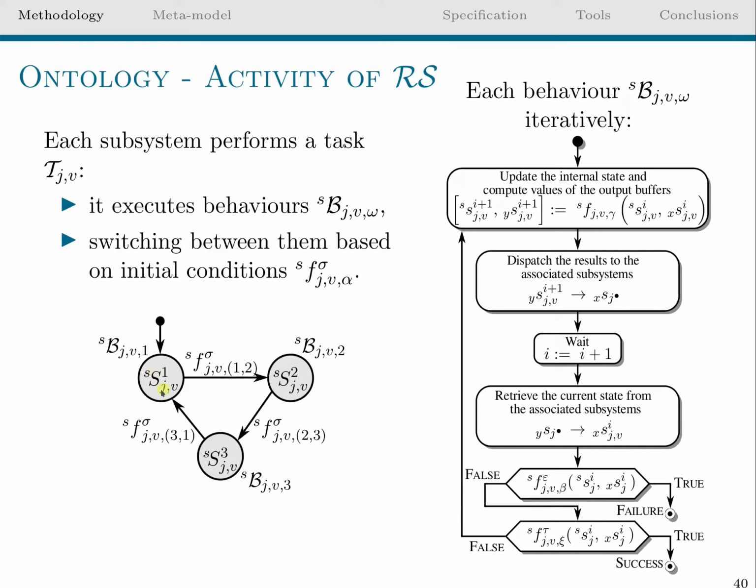So from S1, we switch to state S2 and we activate behavior 2. But when none of those conditions is fulfilled, then the behavior iteratively performs subsequent steps. So it starts again with the transition function.